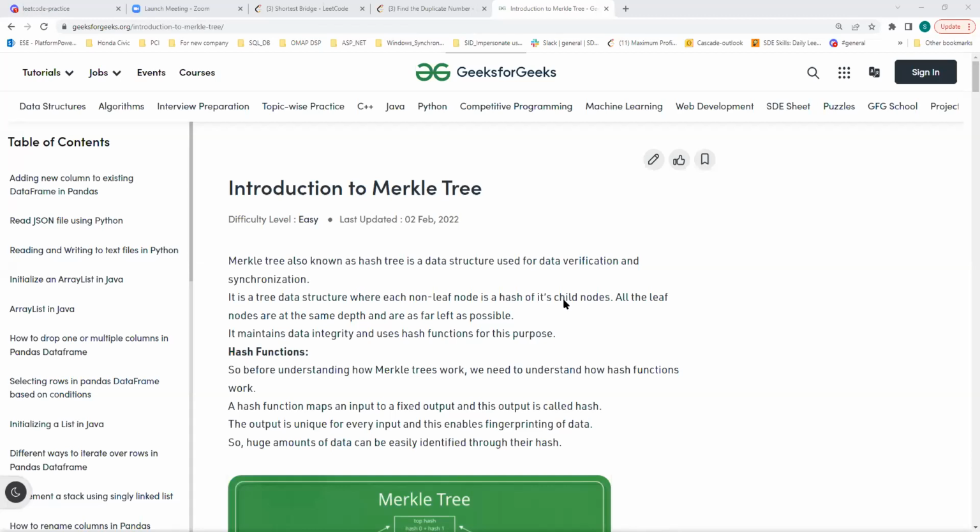I'm just taking help of a very simple one from Geeks for Geeks, so that might give some idea. Okay, so here I'm sharing this. It might be a very basic way, whatever is being done here.